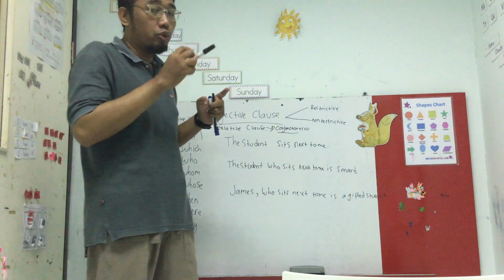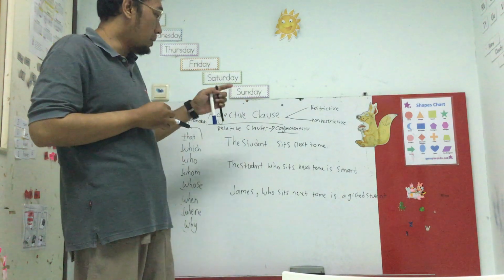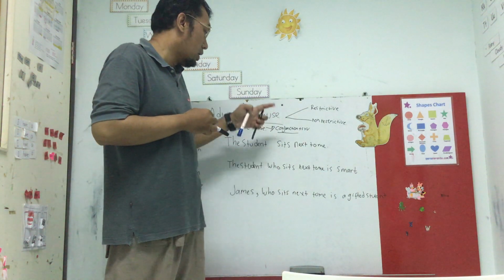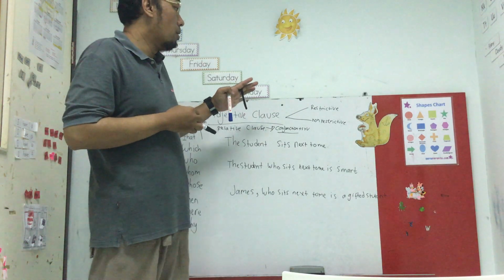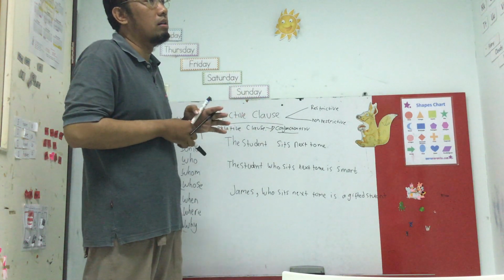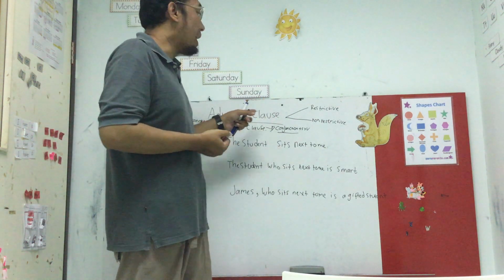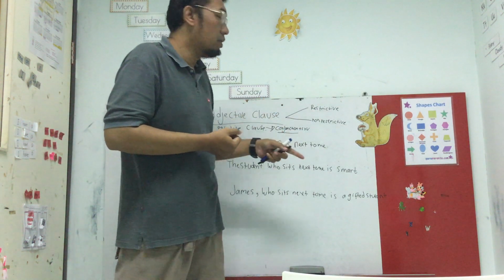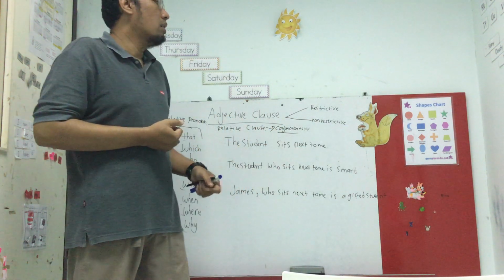There are two types of adjective clause. I will explain it more in the example later. But to introduce it, we have two types, which are restrictive and non-restrictive. What is restrictive?